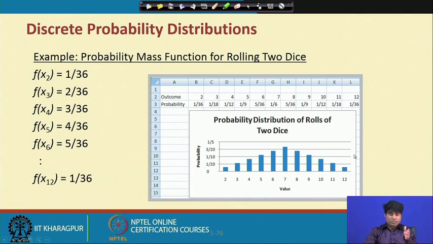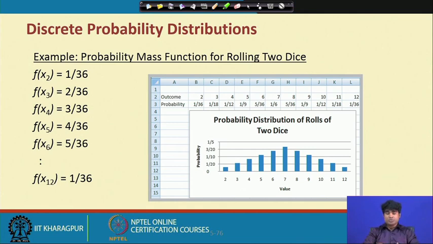Same thing. In the earlier case we used P. Here we are using the probability mass function by citing f of x, and depending upon how x changes, you will get a probability structure, and if you plot it, it will give you a distribution. That particular structure is called a discrete probability distribution.